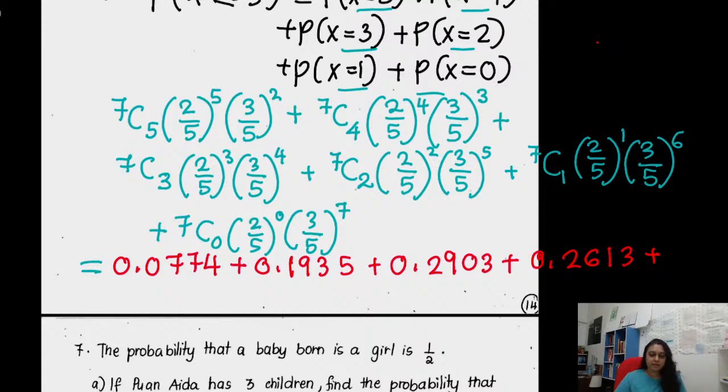Okay, 2 done already. Next, 7C1, with power 1, and then that is 6. So I'm getting 0.1306. Tambah lagi the last one, 7C0, lepas tu kuasa 0 dengan kuasa 7. Dapatlah 0.02799. Okay, we plus all of these.